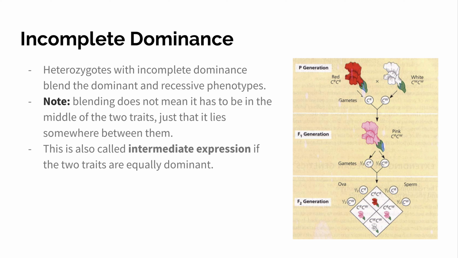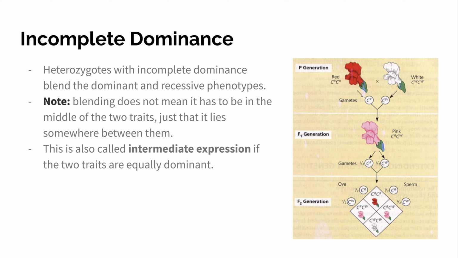For some species, if a plant has one type of flower that's a red flower and another that's a white flower, you mix those two individuals together and the offspring will have pink flowers. Breed two pink flowers together, and depending on which alleles get passed on, they could actually create offspring that have red flowers, pink flowers, or white flowers.